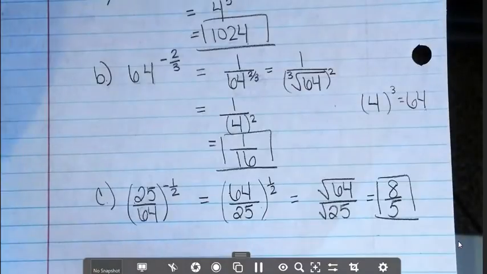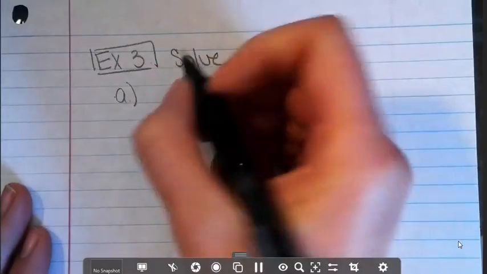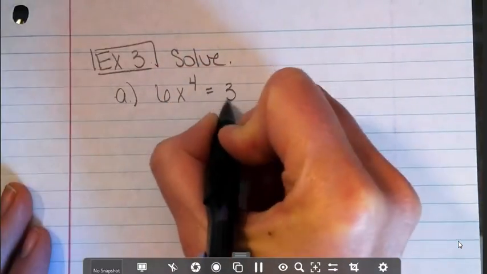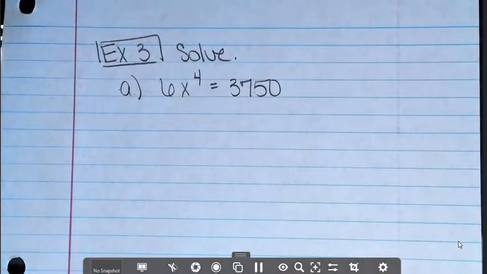And the last thing I'm going to do with you is solve some equations. So example 3, we are going to solve. All right, so the first one, you get 6x to the 4th equals 3,750. All right, and I want to solve this, which always means get x by itself, okay?